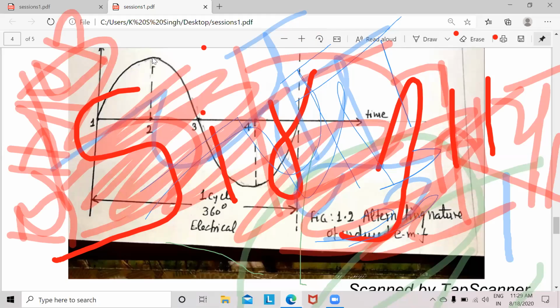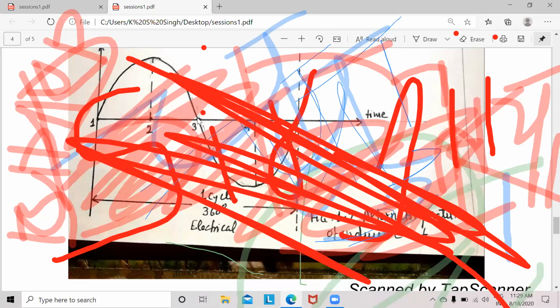At point 2 it becomes maximum, and when the conductor moves from 2 to 3, the induced voltage starts decreasing and at point 3 it becomes 0. When the conductor moves from 3 to 4, the voltage starts increasing but in the opposite direction.